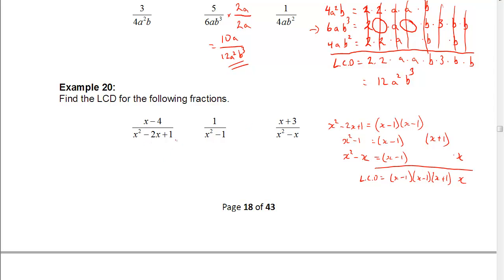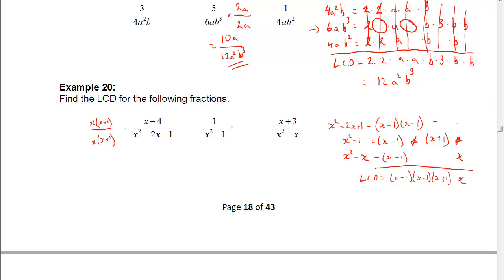To convert each of these to that denominator, for this one we're missing this part here and this part here. So we'd have to multiply by x times x plus 1 over x times x plus 1. For x squared minus 1, here we're missing this piece and this piece.